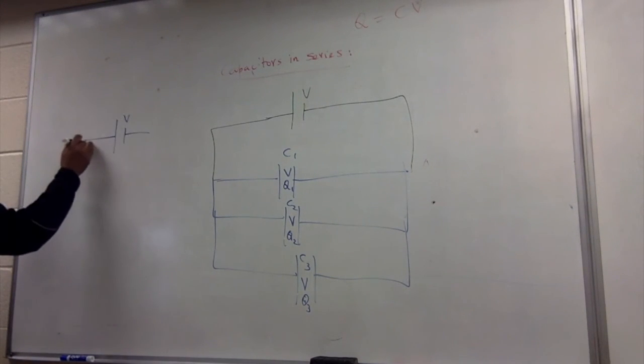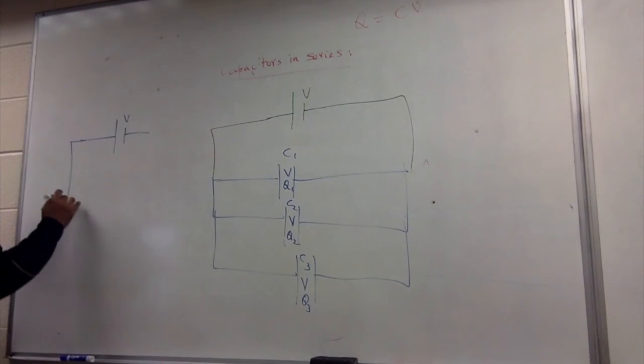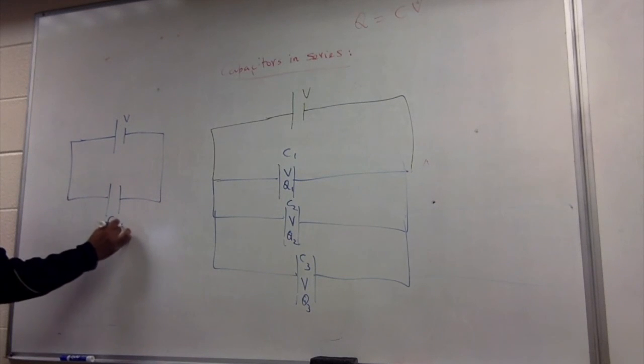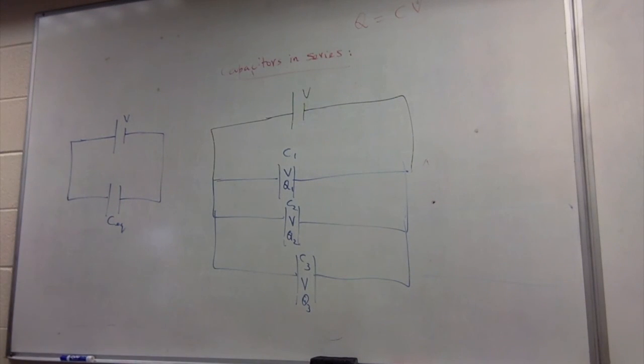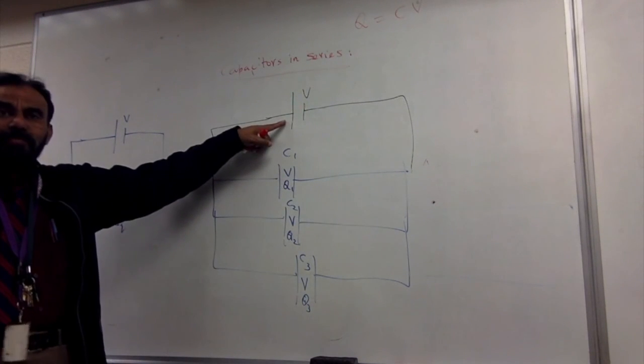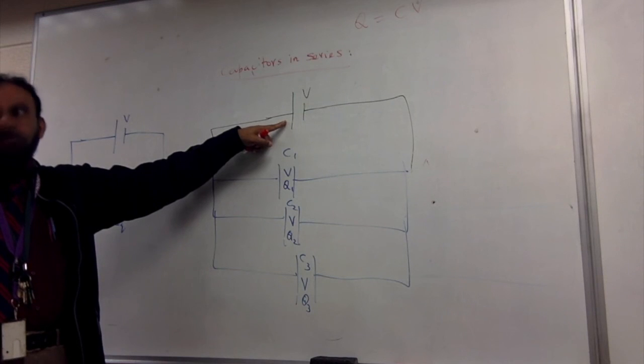And if that is the same thing connected to the combination of this, if I remove all this and put one capacitor, that is C equivalent. So what is happening here is Q1, Q2, and Q3. So how many coulombs did this cell deliver? Q1 plus Q2 plus Q3, right?